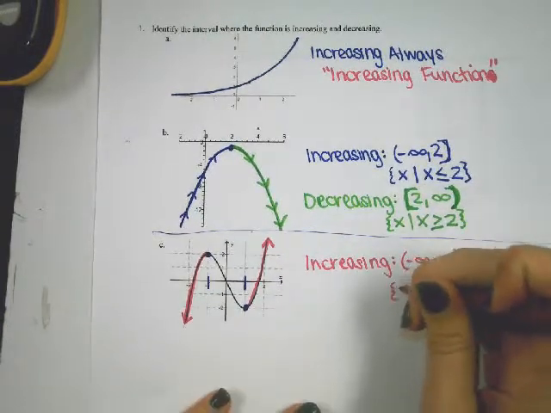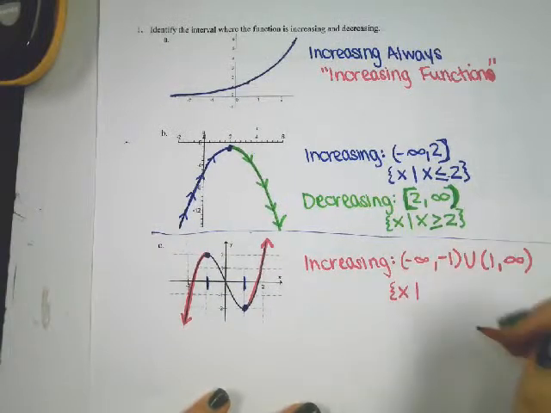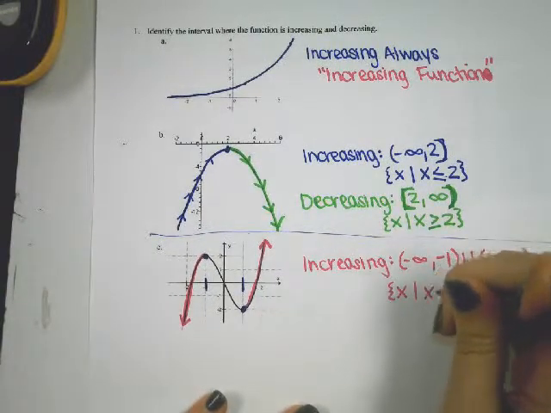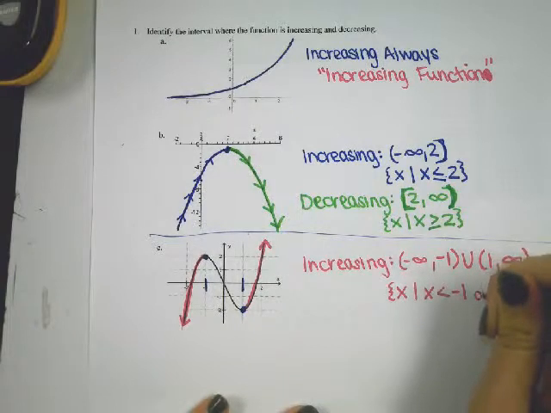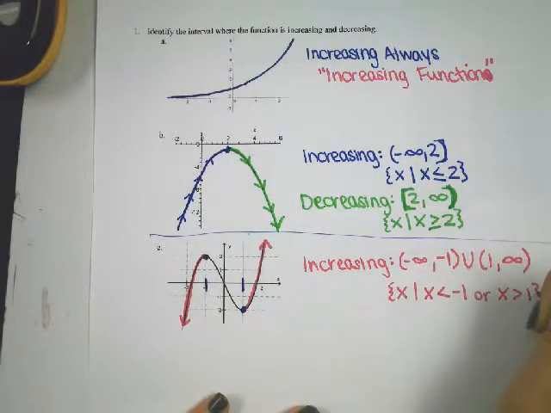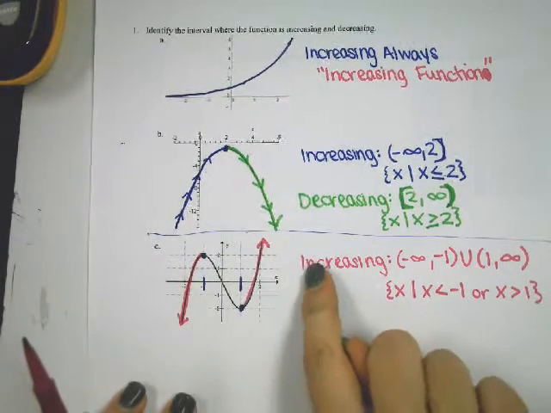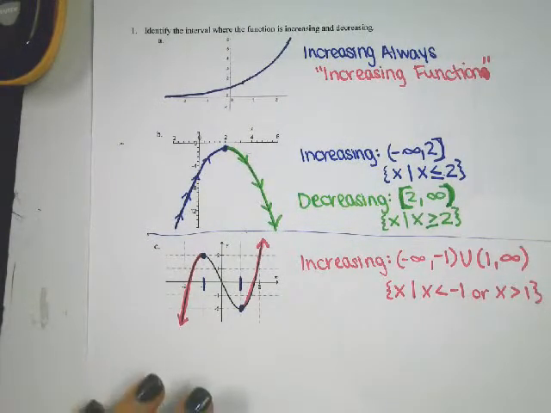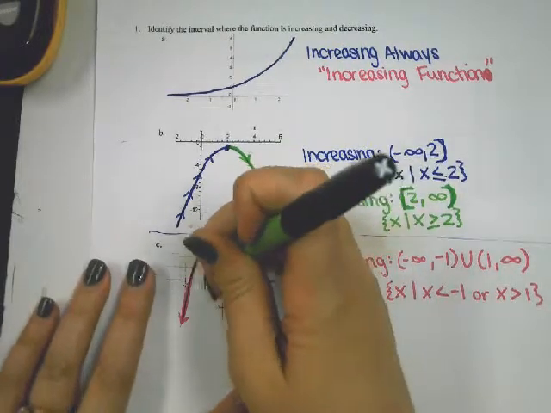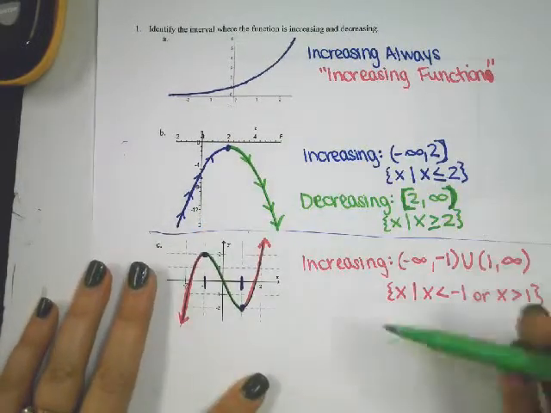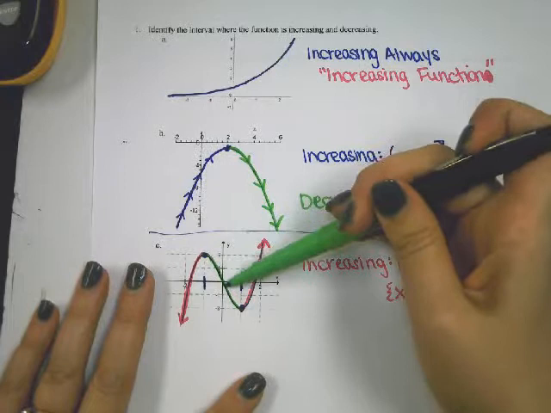In set notation, this would look like all x such that x is less than negative 1 or x is bigger than 1. We include this piece where it's smaller than negative 1 and this piece where it's bigger than 1. For decreasing, this is happening between those points right here. It's kind of like a slide. From left to right, it's going down.